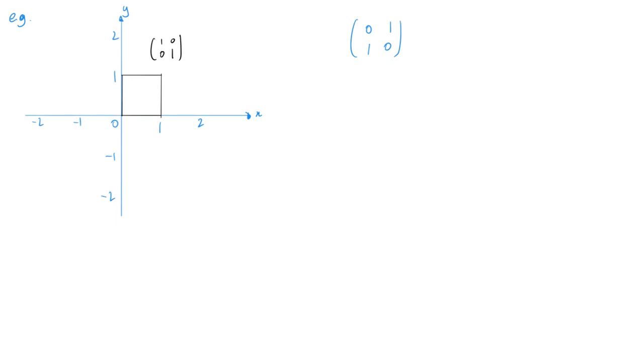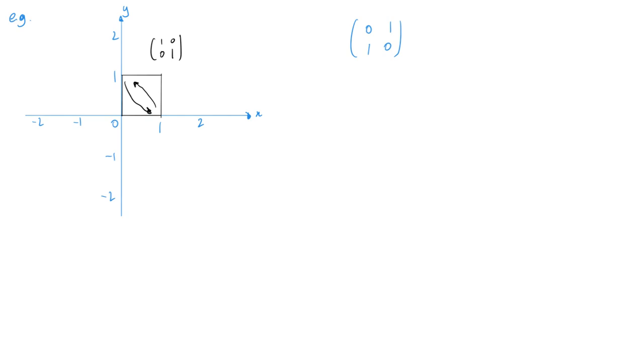And what you can see is 1, 0 goes to 0, 1. So this point goes to this point, and this point goes to this point. In this case, the diagram will look exactly the same, but this goes to here and this goes to here.